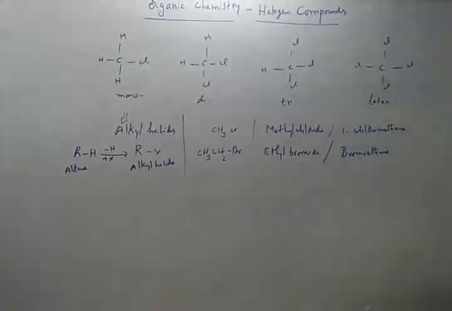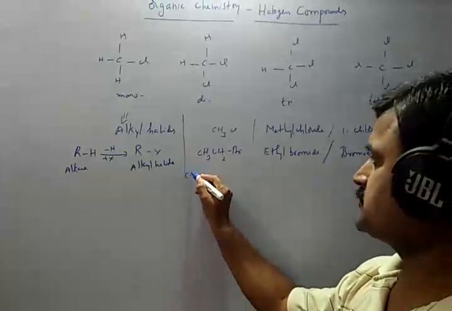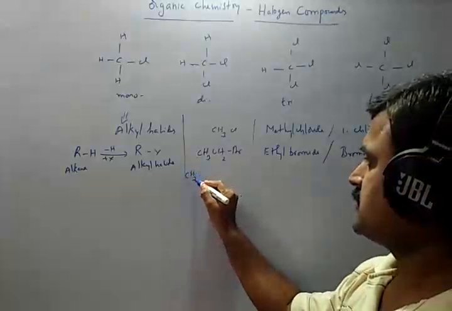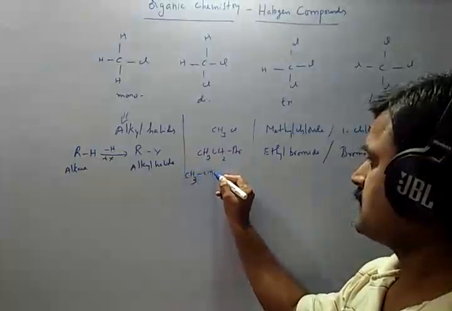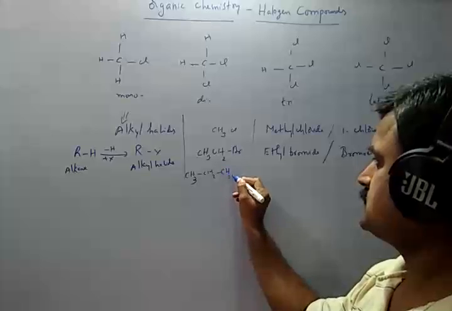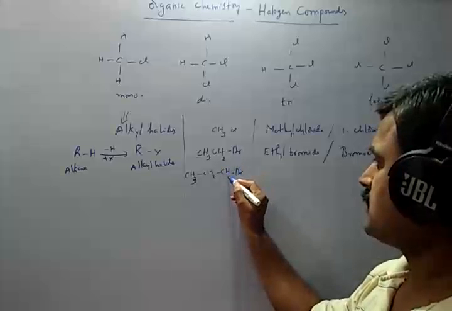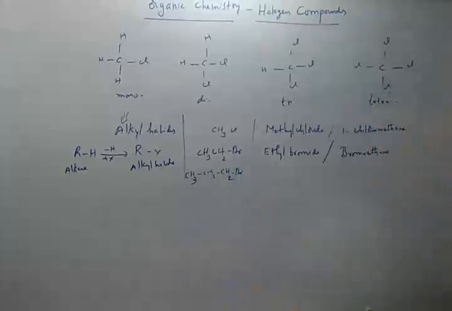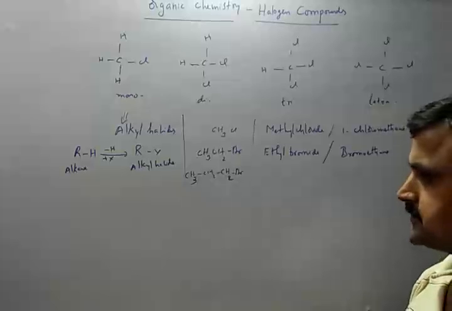We will see another example. There are three carbons in the carbon chain: CH3, CH2, CH2Br. When the carbon number is 3 or more, we call these normal alkanes.